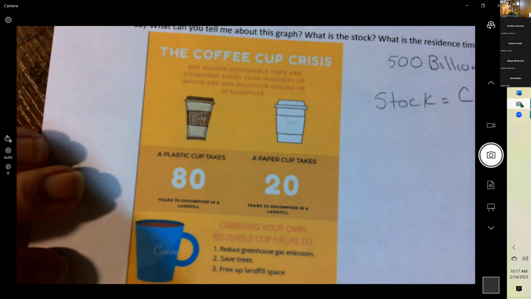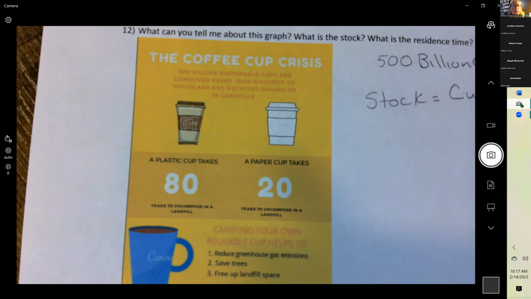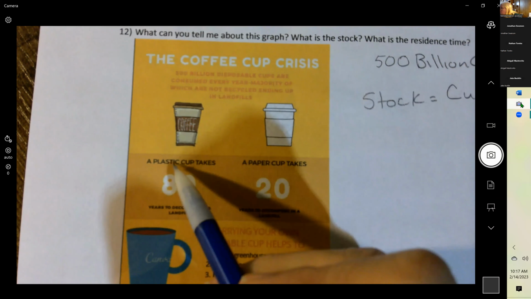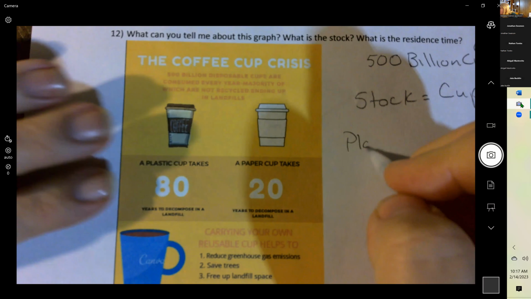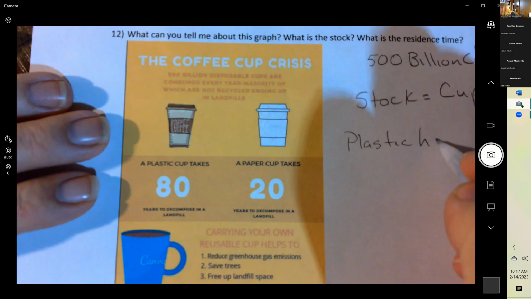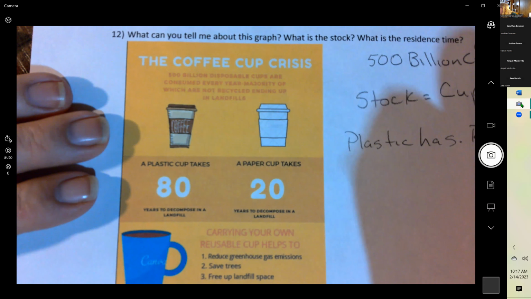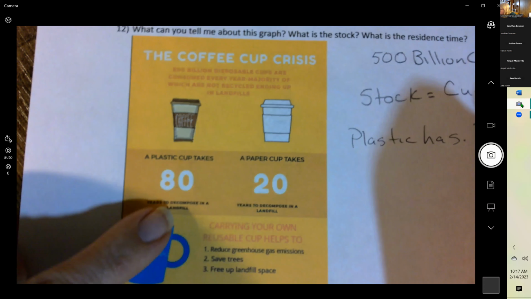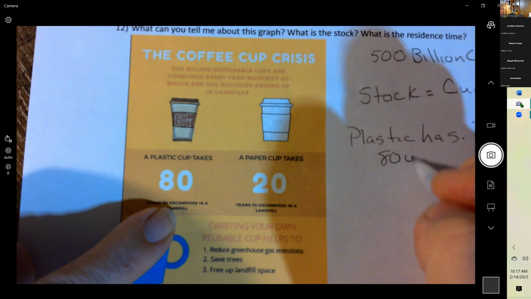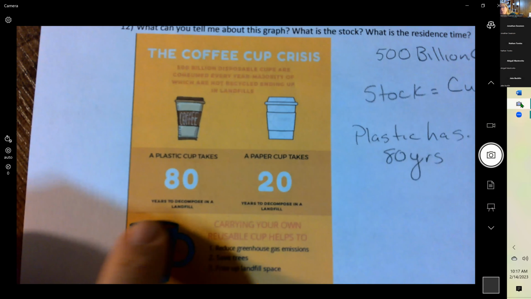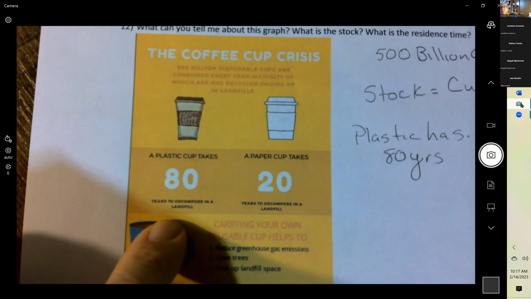It tells us how long they're in there, though. This would be our residence time: 80 years for plastic. I was thinking we had to use the formula, but they actually give you the residence time, which is 80 years, because that's how long it takes to decompose.